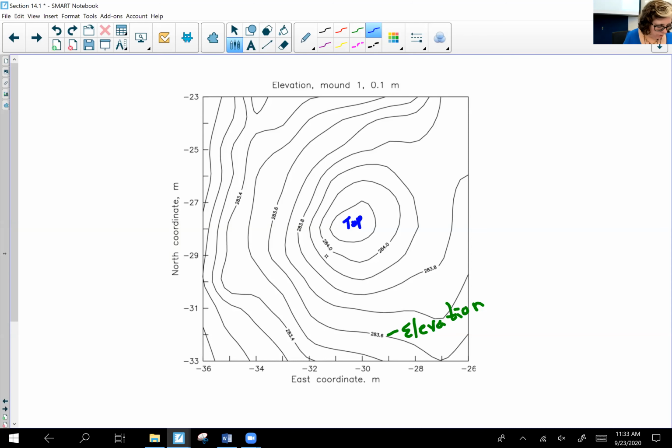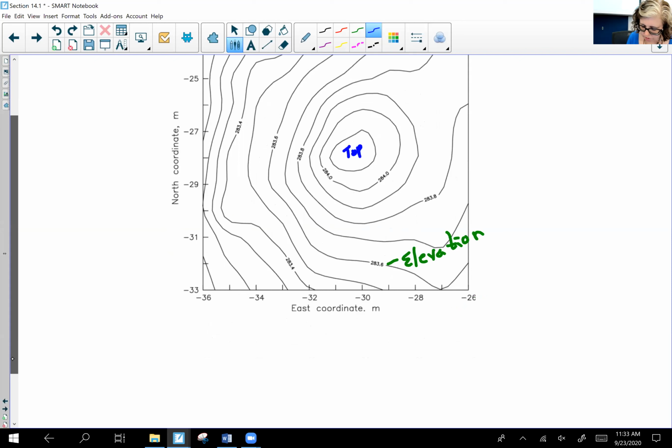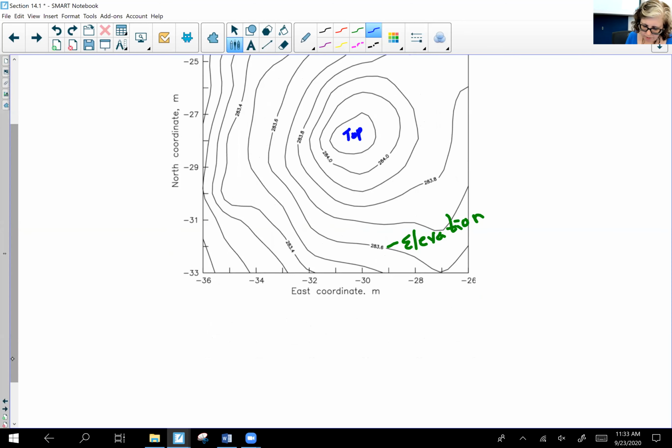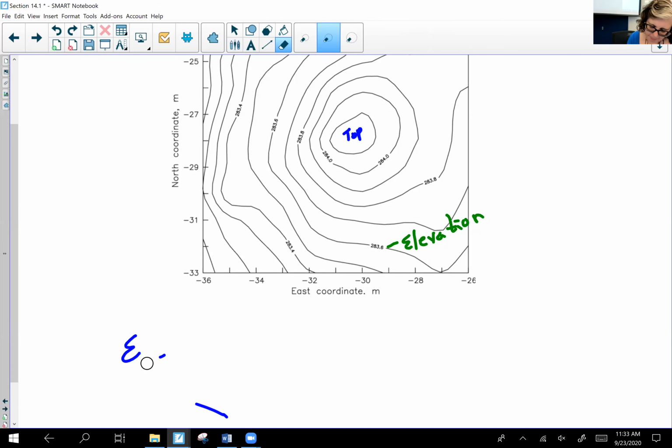All right, so we can ask ourselves questions about this type of scenario and these types of contours. If I want, for example, to figure out the elevation change, I need to pop open my tea thermos.